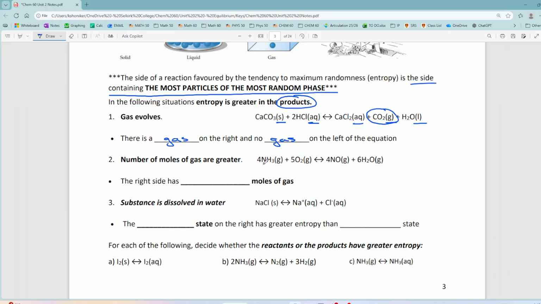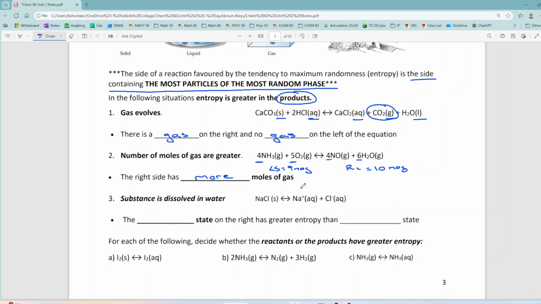So if you look at this one, we have 4 moles of this NH3 and we have 5 moles of the O2, which means the left side has 9 moles of gas, whereas the right side has 4 plus 6, which is going to give us 10 moles of gas. Therefore, the right side has more moles of gas. It has more particles in the most random phase.